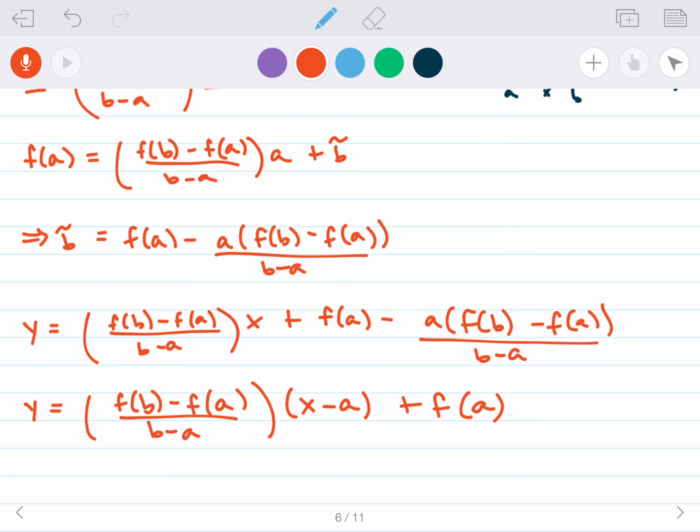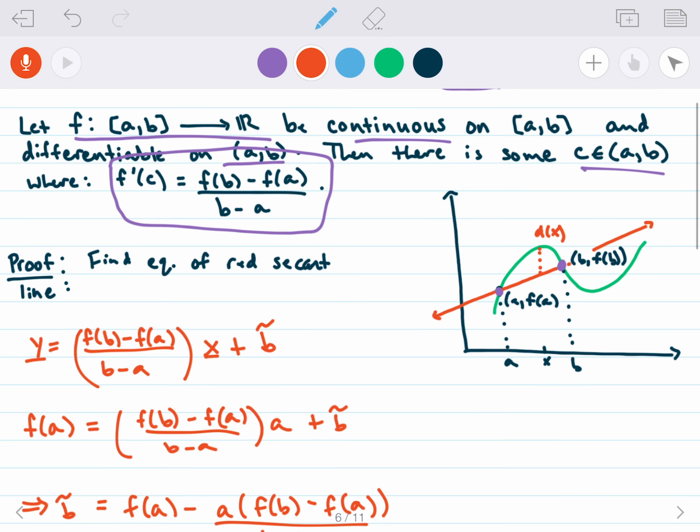All right. So now what we're going to do is consider d of x as the difference between our function, f of x, and the secant line. If you look visually, this distance right here, this distance right here, this distance right here are going to be outputs of that function.